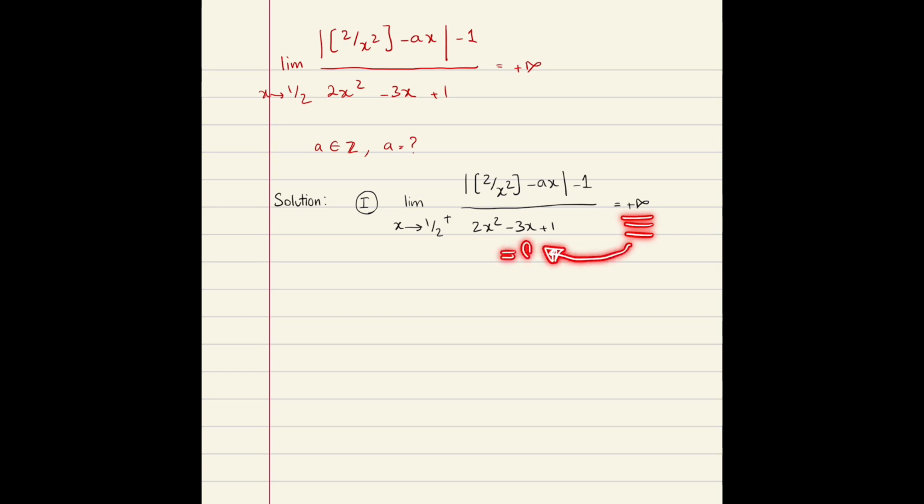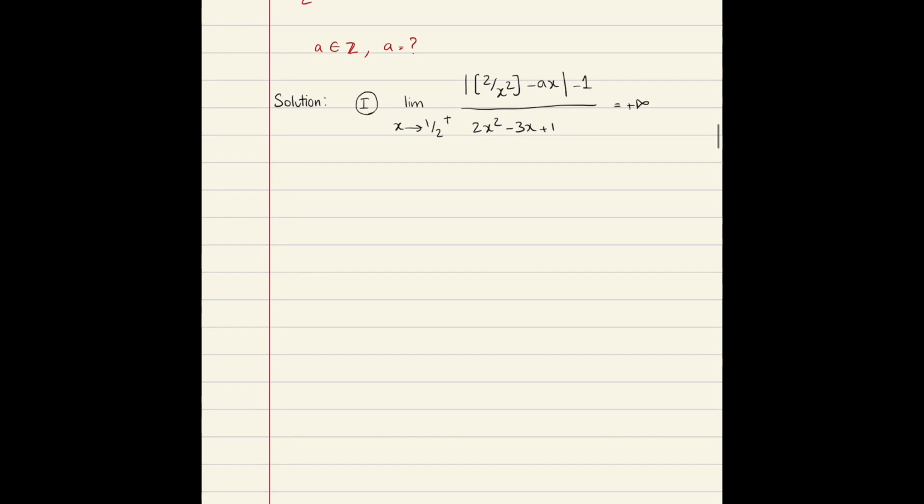So we do have positive infinity. It means that the denominator has to be equal to 0. So let's find the roots for the denominator. To be able to find the roots for the denominator, 2x² minus 3x plus 1, we have to find b squared minus 4ac. b is equal to -3, a is equal to 2, and c is equal to 1.